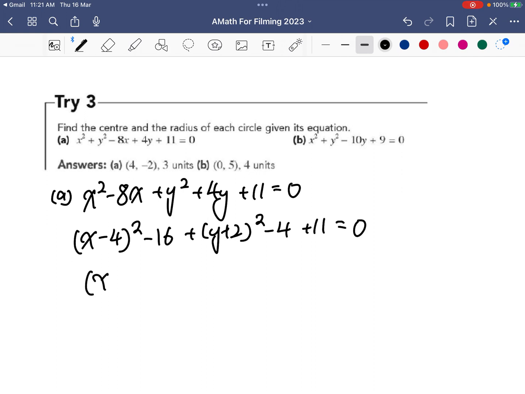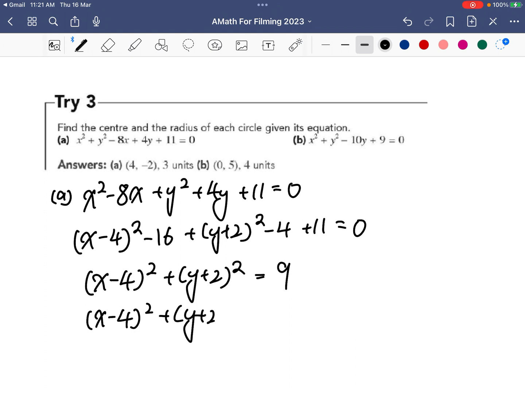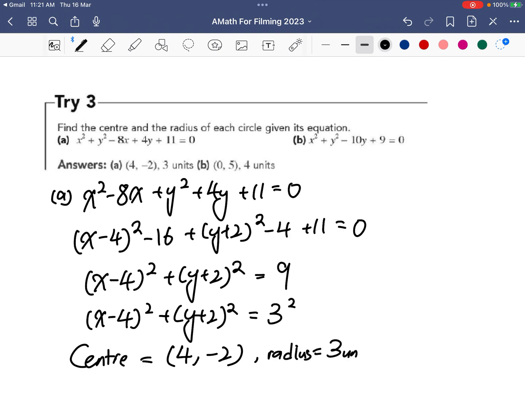So what I'll get is (x minus 4) squared plus (y plus 2) squared is equals to negative 11 plus 20, so 9. If I re-express the equation, I get 3 squared. Hence, my center is equals to 4 and negative 2. And my radius is equals to 3 units.